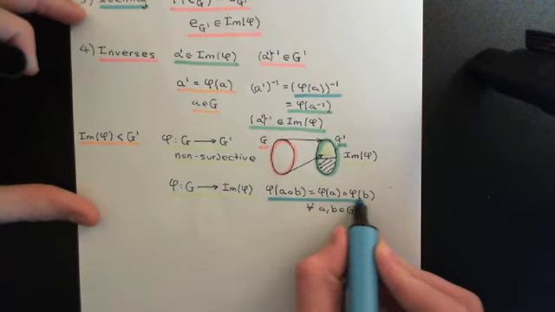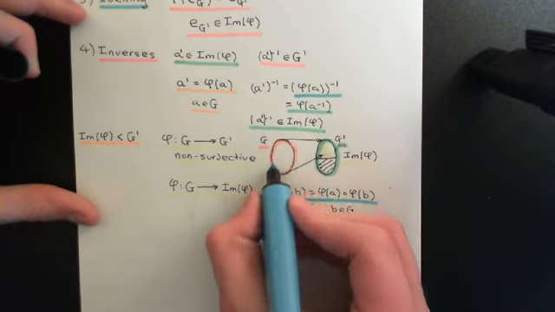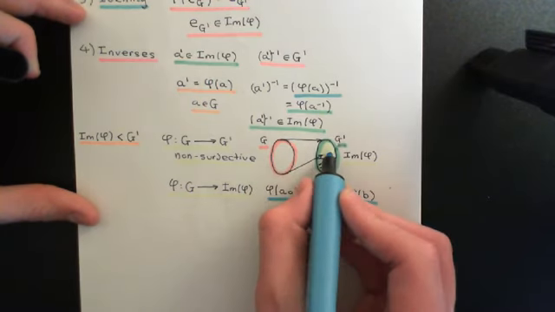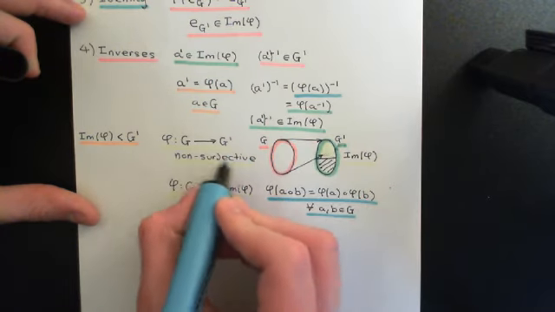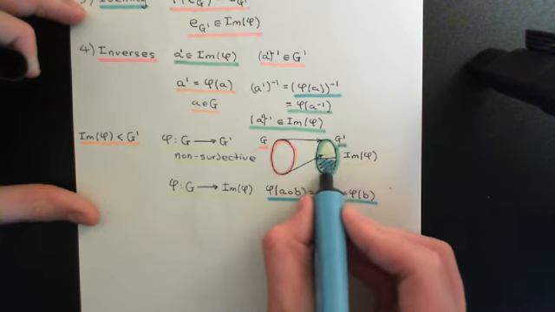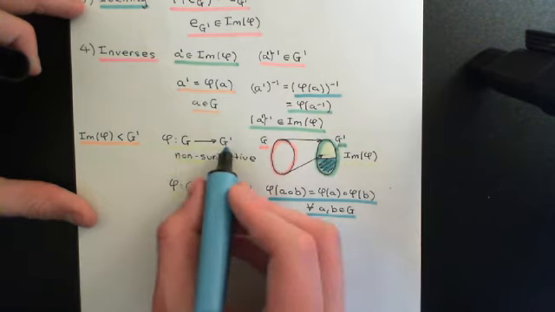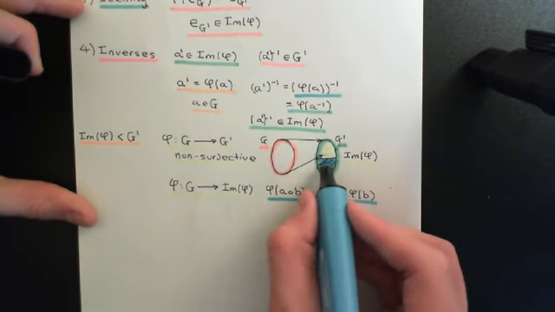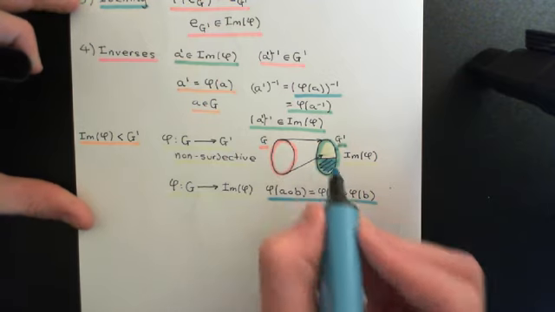To see that, just ask yourself, how could that possibly not be true? If you take any arbitrary little a and little b in capital G, they are still being mapped onto the exact same thing that they were being mapped onto in the original homomorphism. All I've got rid of is the elements in this larger group, capital G prime, which had nothing to do with this homomorphism. They were the elements that did not get any elements in the domain group mapped onto them.